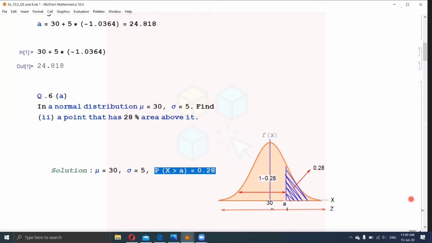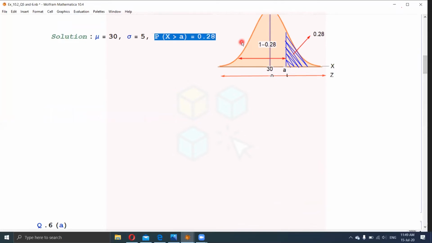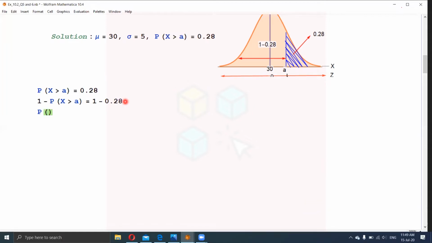So we can write it again, subtracting from 1 on each side, we will have 1 minus 0.28, which is equal to 0.72, and the sign will be reversed. Probability x less than A is equal to 0.72.